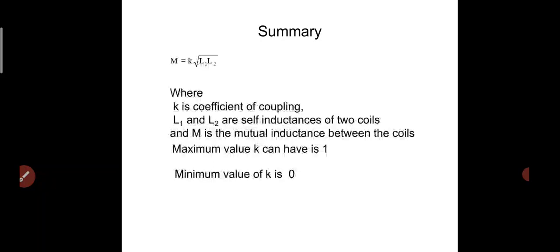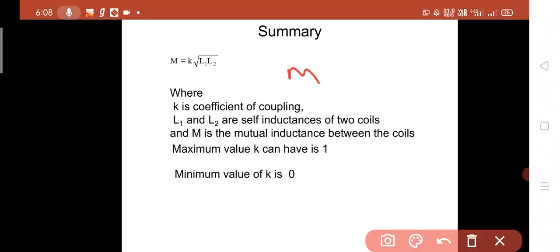So summary. M is equal to K into under root L1 L2, where K is the coefficient of coupling, L1 and L2 are self-inductance of two coils, and M is the mutual inductance between the coils.